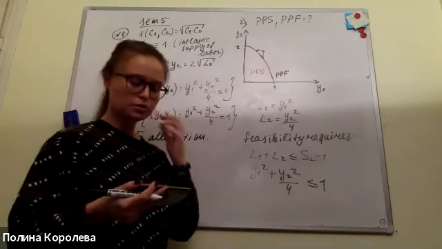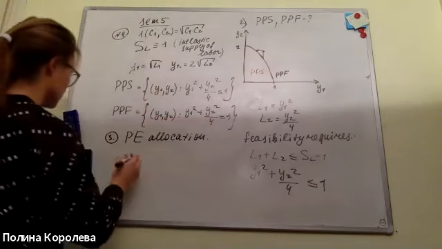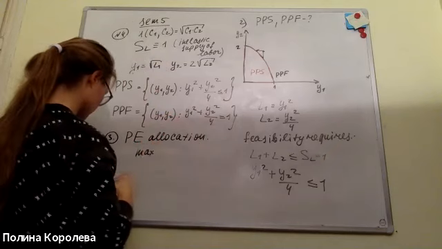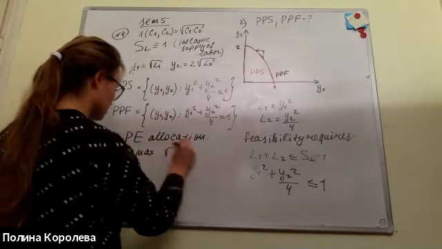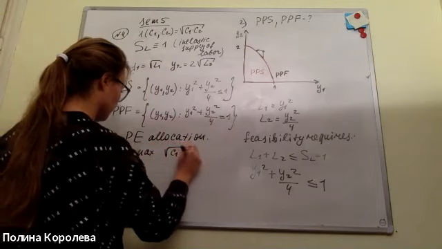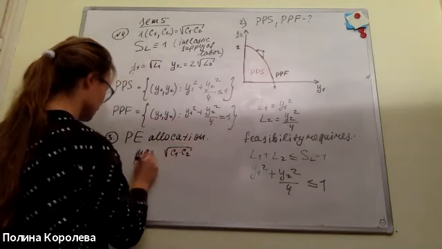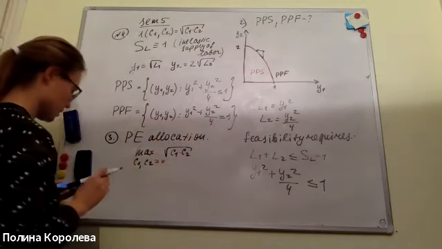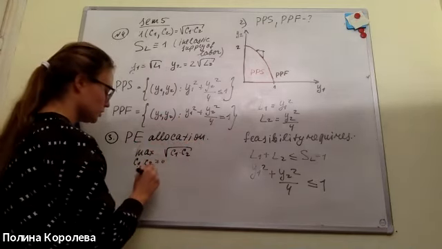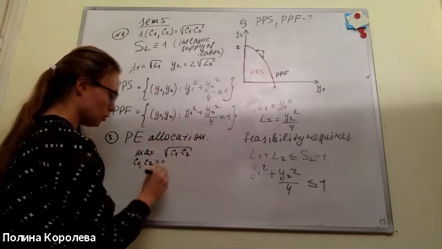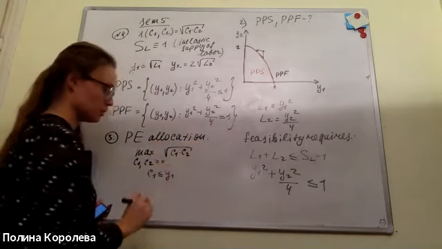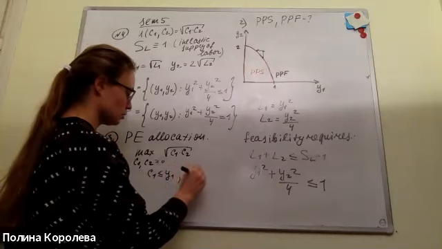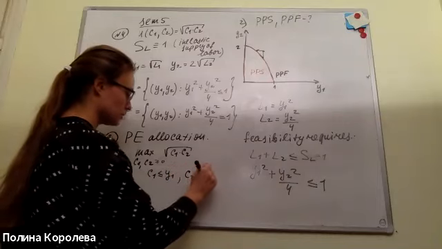So what should we maximize? We should maximize the utility function of our guy by choosing C1, C2 greater than or equal to 0, such that he can consume no more than he can produce of the first good, and he can consume the second good no more than he can produce.